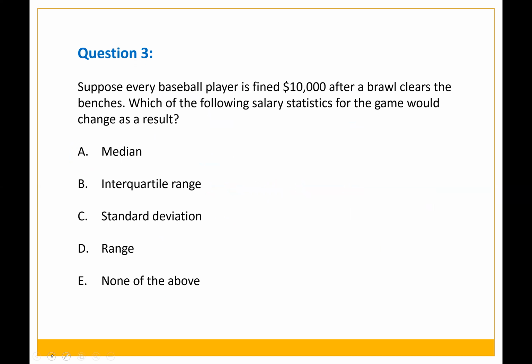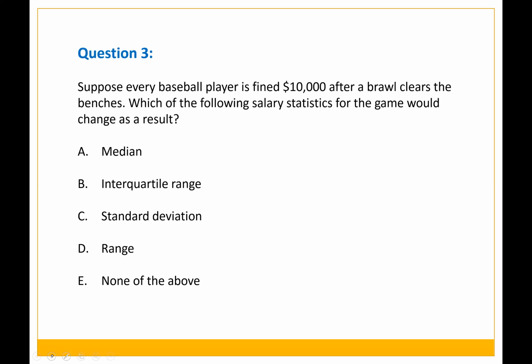So let's go to question 3. Again, please feel free to mute me if you want to work on it alone. Suppose every baseball player is fined $10,000 after a pro clears the benches. I don't actually know what it means, but just say that. Which of the following salary statistics for the game would change as a result?